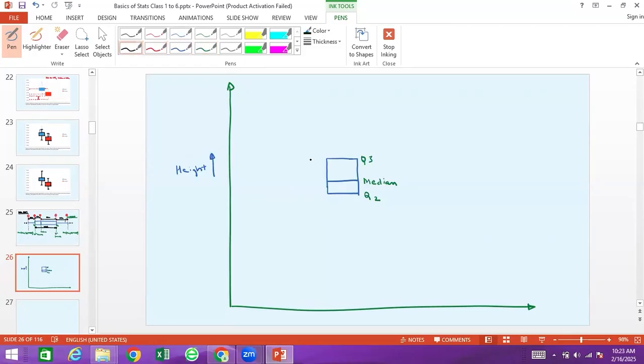And what will be this? IQR, that is the interquartile range. Now, if I'm talking about height, what can be the meaning of an outlier? Let's say I'm talking about the distribution of height of adult males, say 20 plus people. What will be the meaning of an outlier there?